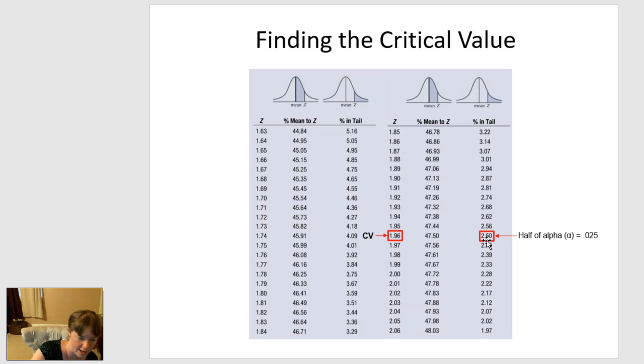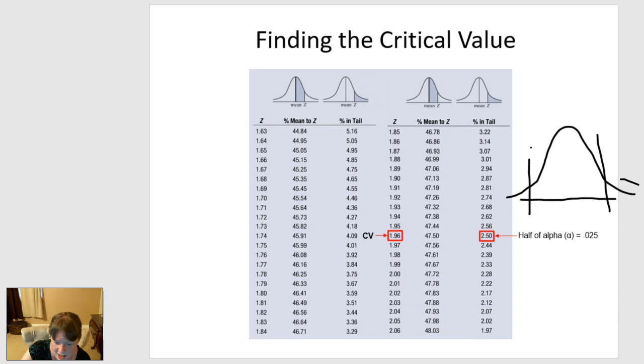Let me draw that for you. Here is my null hypothesis sampling distribution. And I have a two-tailed alpha: 2.5% up here, 2.5% down here.